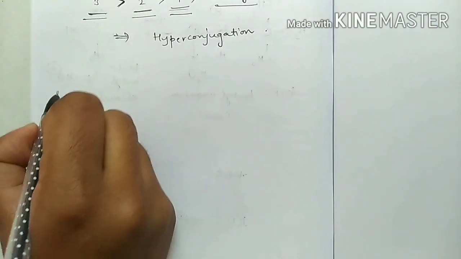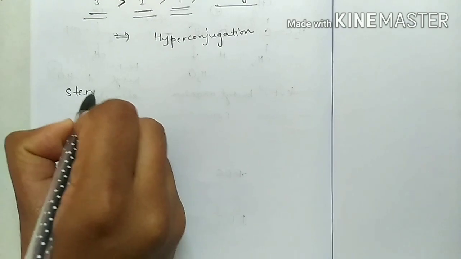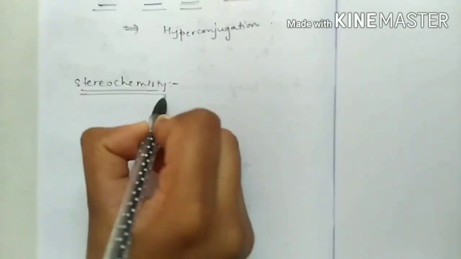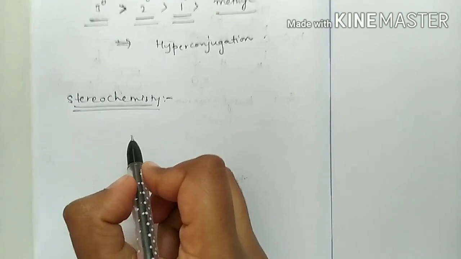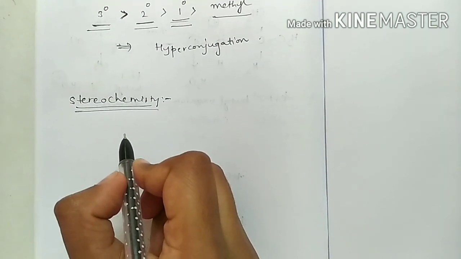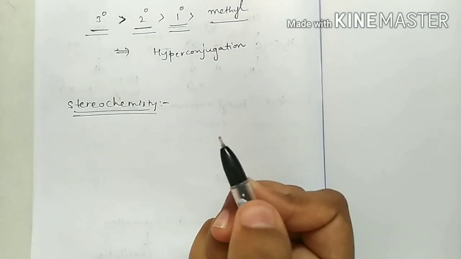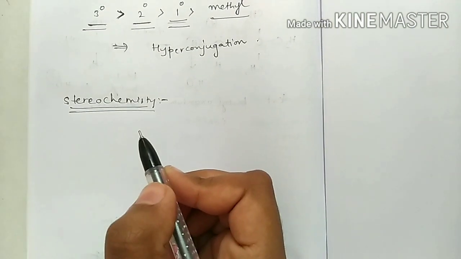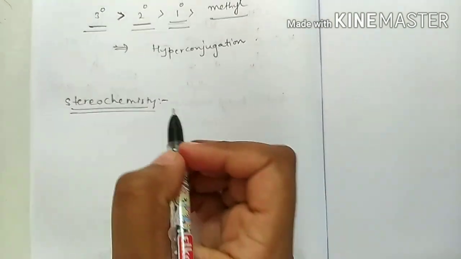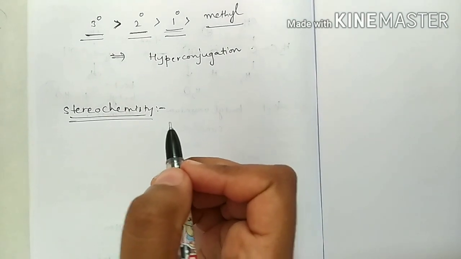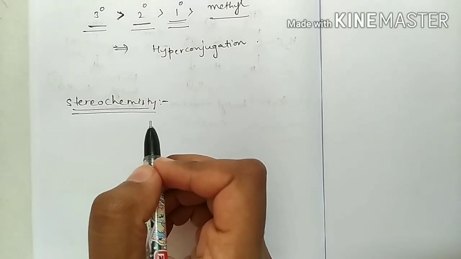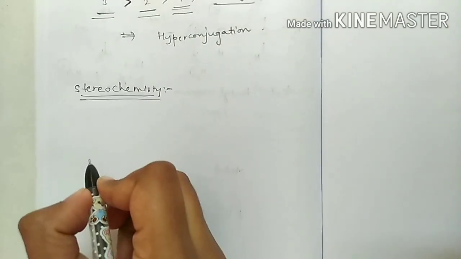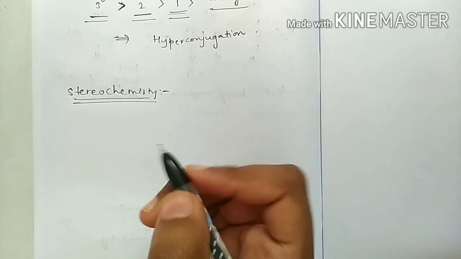Now let us talk about the stereochemistry of SN1 reactions. Since the carbocation formed in the first step of the SN1 reaction has a trigonal planar structure, when it reacts with a nucleophile, it may attack either from the front side or from the back side. If we take the example of the tertiary butyl cation, this makes no difference since there is no chiral center.